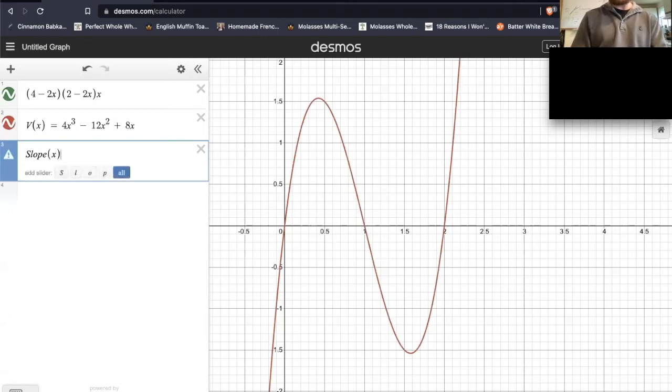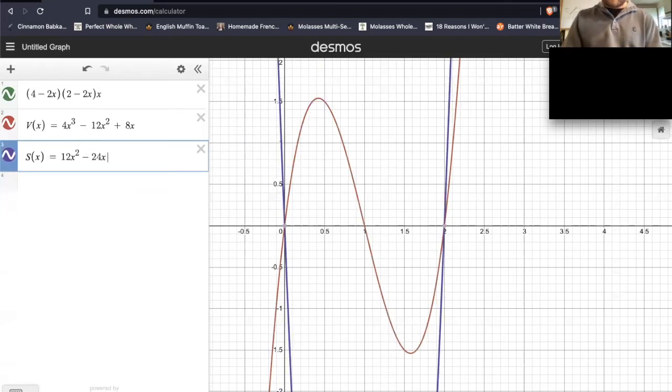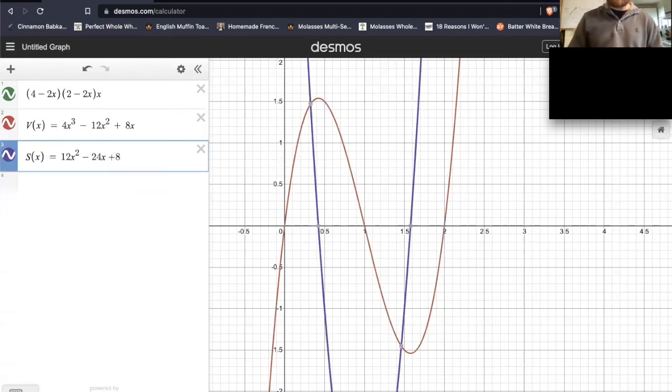The slope of that is 12x squared. Oh man, it's reading this as something else, so we'll just call it S for slope. Slope of x is 12x squared minus 24x plus 8.